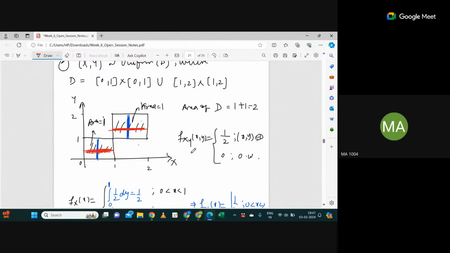Okay, let me give you one idea. When two things are related or dependent, if I make a change in one, that will reflect as a change in the other. Then I will say both are dependent, right? Yes or no?